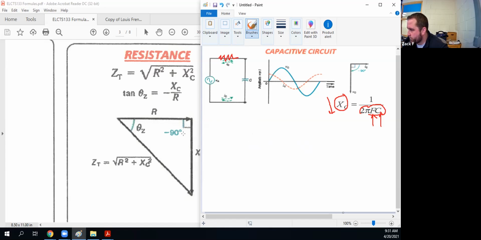This is what the phasors for that would look like. I'm just going to use this triangle. Your resistance is in phase, so this would be 0 degrees. And your capacitive reactance is 90 degrees out of phase, right?